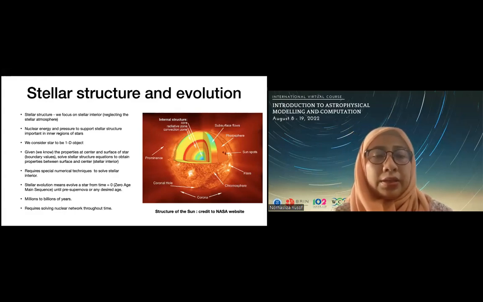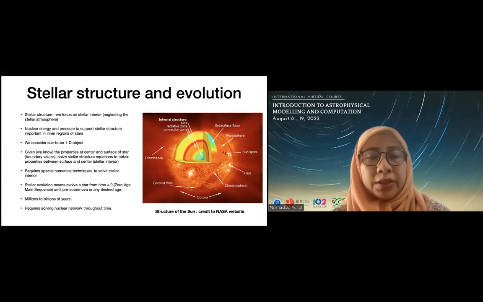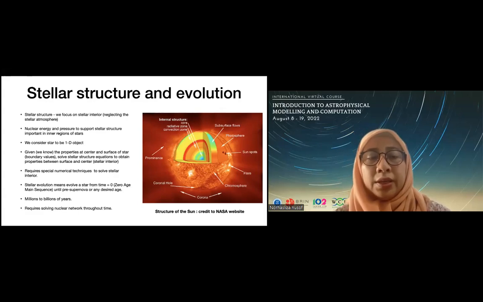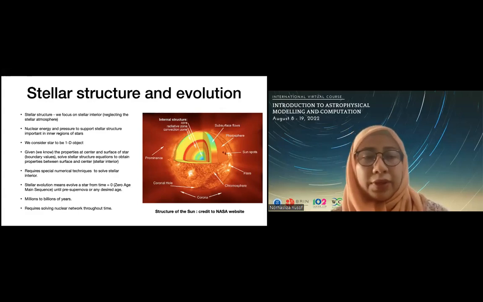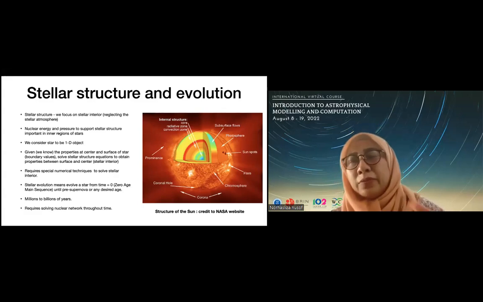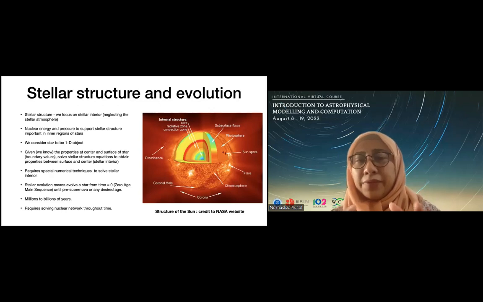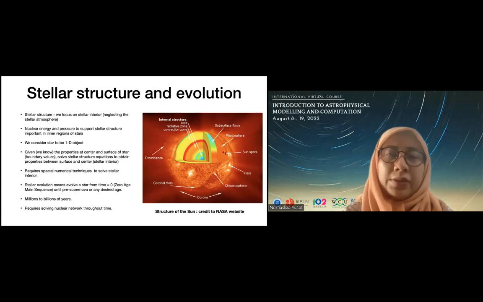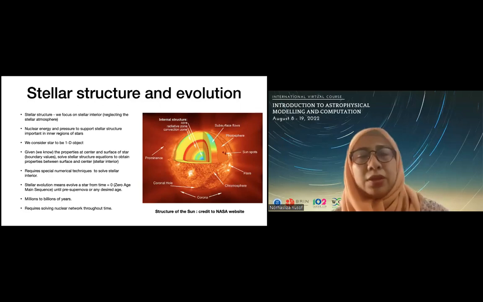When we speak about solving this kind of numerical problem, it requires a special numerical technique, which we will learn in the second half of our lecture today. So when we speak about stellar structure, we have a sphere of star, and then we speak about evolution. There are two parts when we want to solve in the modeling.